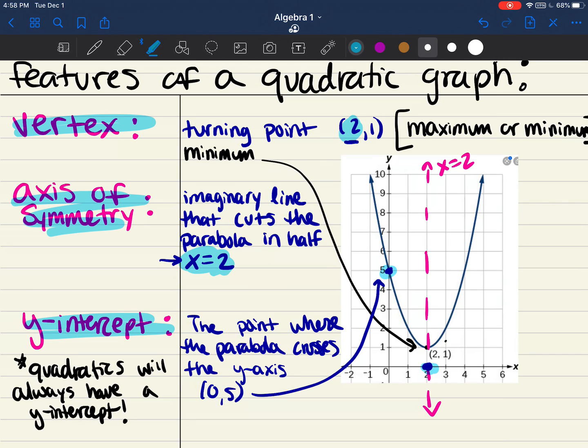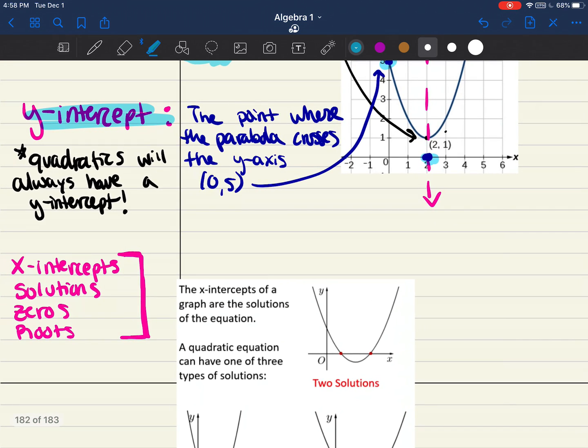Now we're going to talk about something that quadratics may or may not have, and that is x-intercepts, also called solutions. So if I ask you what the solution to the quadratic is and I give you a graph, you're looking for the x-intercept.